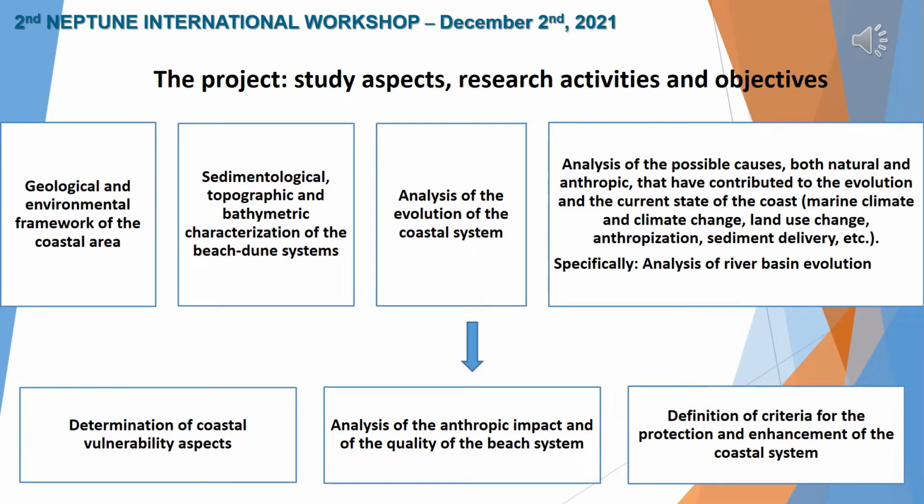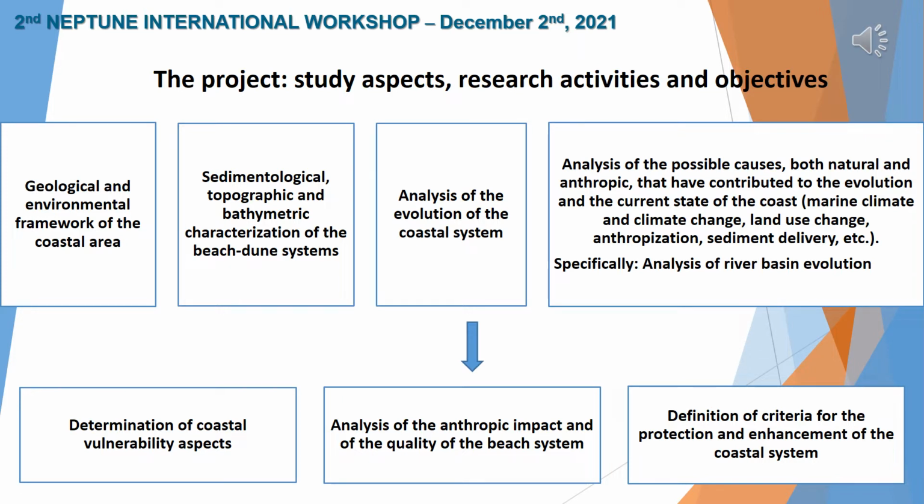Furthermore, it includes the characterization of the coast in terms of geology and marine climate, and the analysis and mapping of areas of high naturalistic value, especially protected areas, geosites, and dune systems. Finally, it includes the census of anthropic works and cultural emergencies such as historical and archaeological sites.